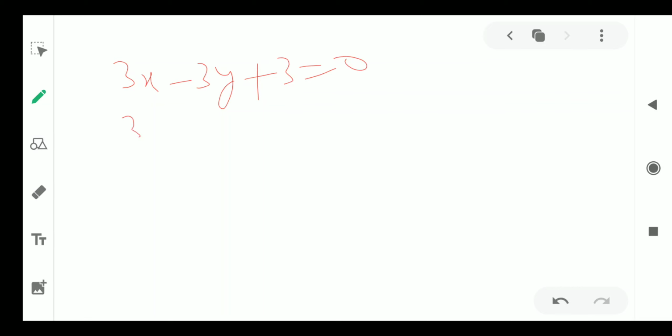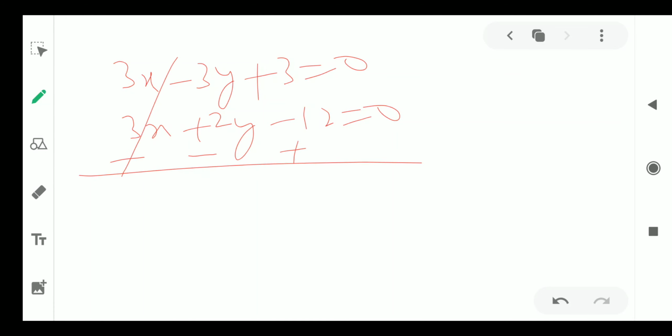Just write the other equation, 3x plus 2y minus 12 is 0. Subtracting, the 3x terms cancel. Minus 5y plus 15 is equal to 0.